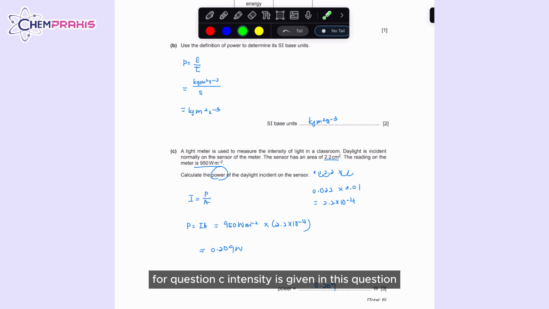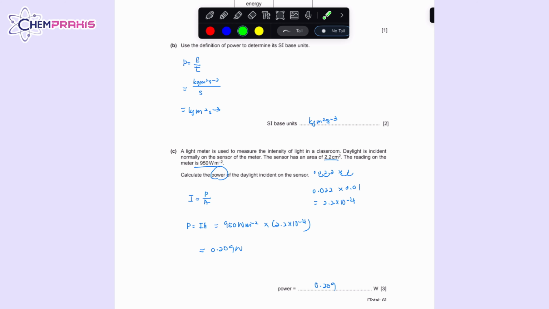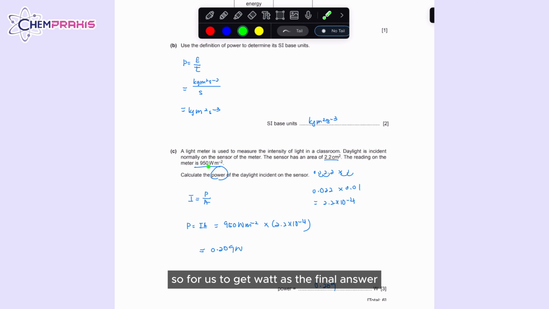For question C, intensity is given in this question, and they would like you to find out the power of the daylight incident on the sensor. It is important for you to look at what the unit represents, and we know that power uses watt as the unit. So for us to get watt as the final answer, it is pertinent for you to remove per meter square by using the area.